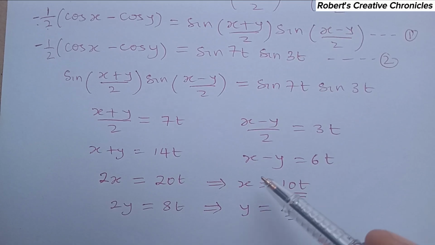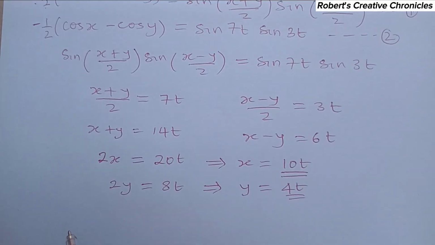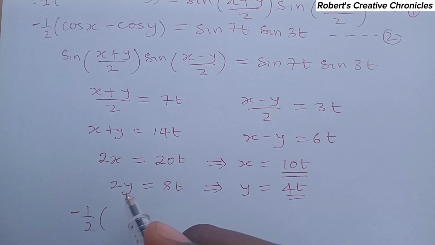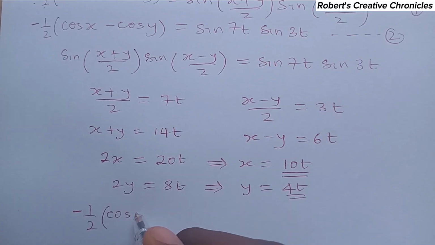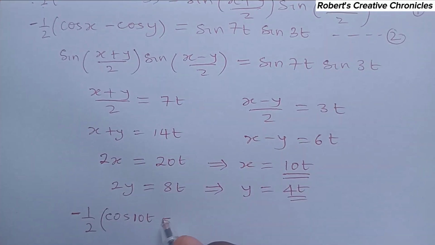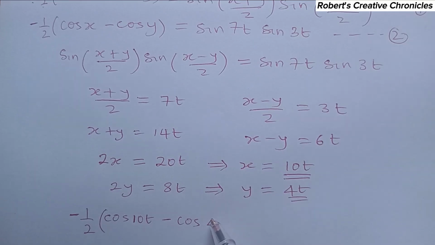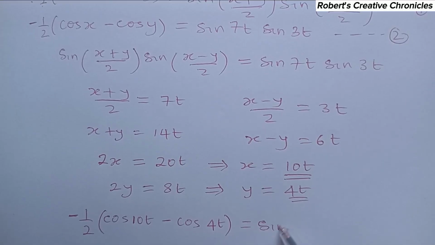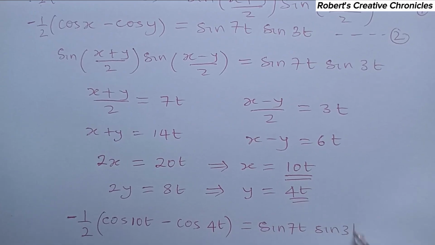So now we can substitute x and y back in equation 2 here. So this becomes negative half (cos 10t minus cos 4t, where x is now 10t and 4t represents y) equals sin 7t sin 3t.